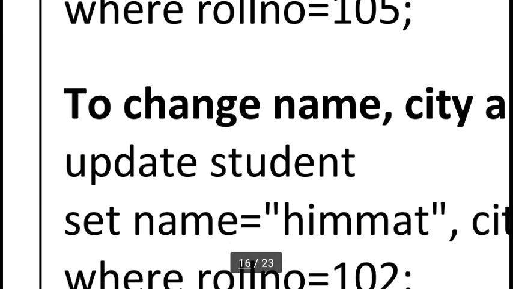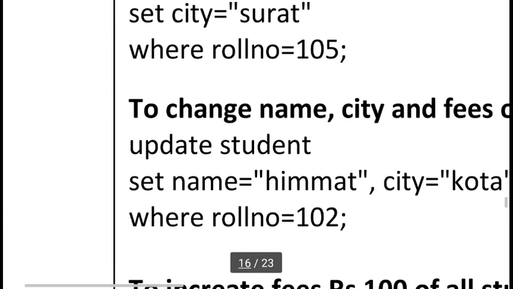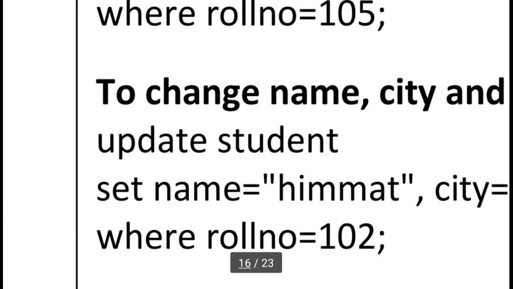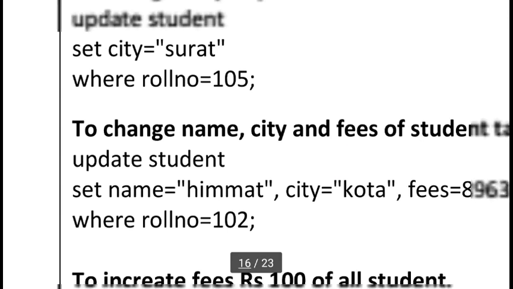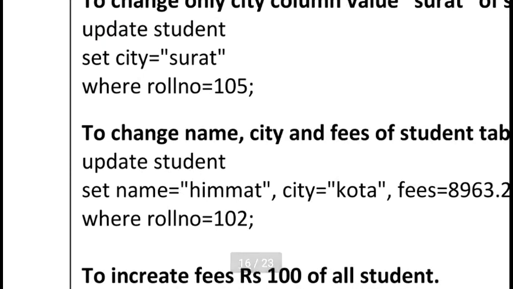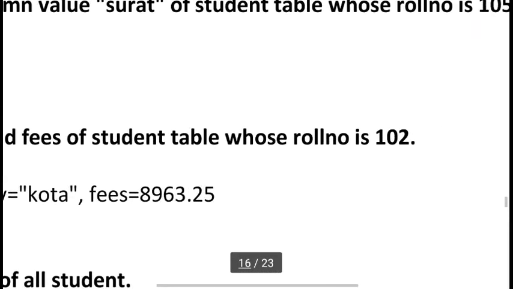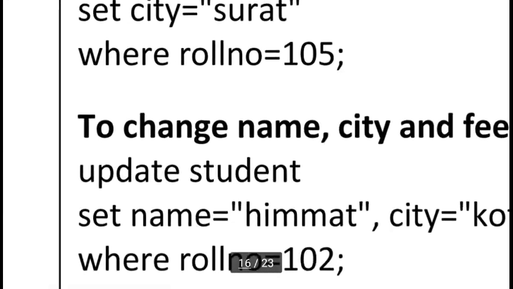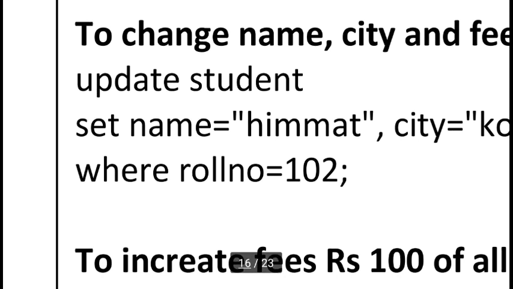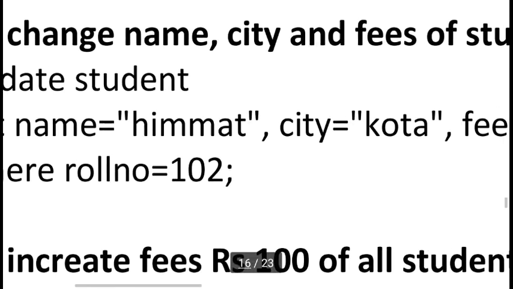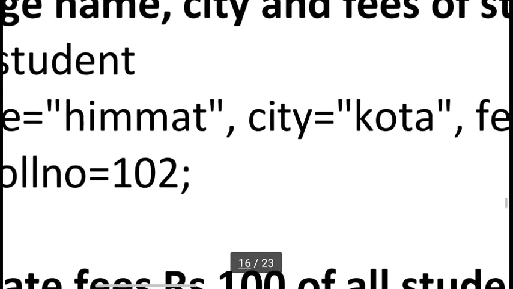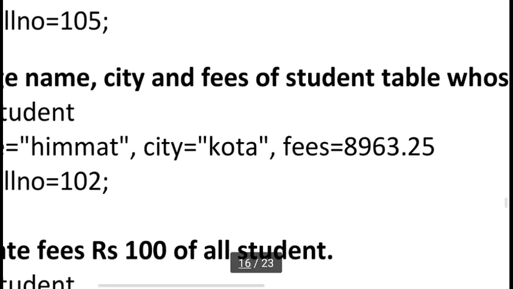Okay, suppose I want to change multiple column values of a particular student: name, city, and fees of the student whose roll number is 102. So here, update student, set name Himmat, city Kota, and fees 8963.